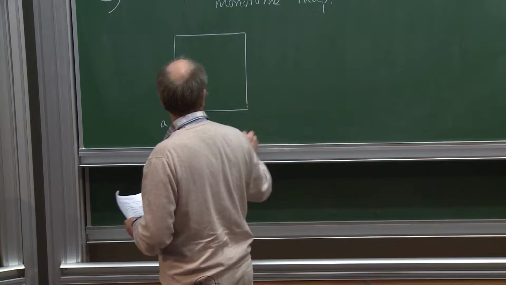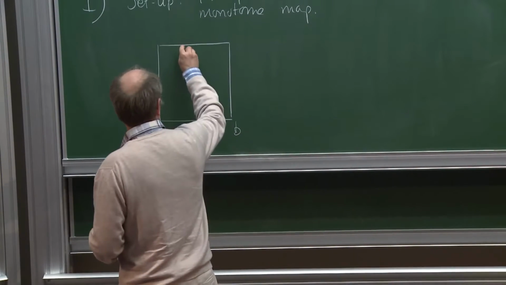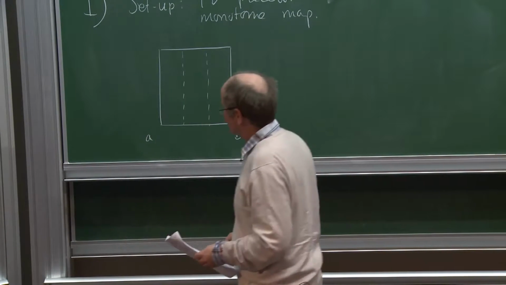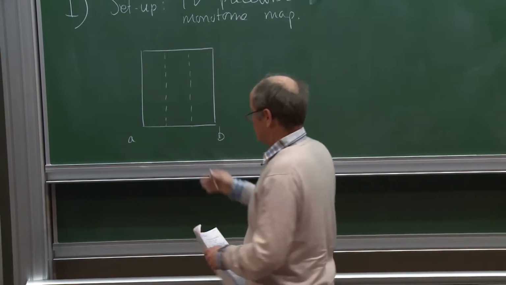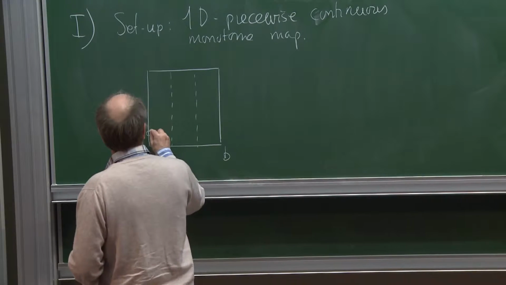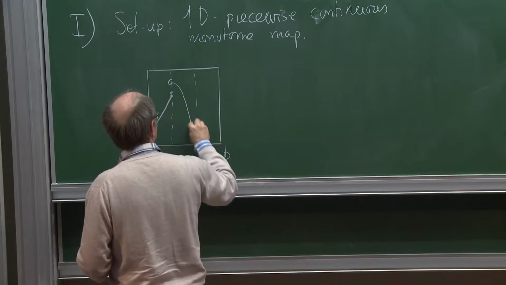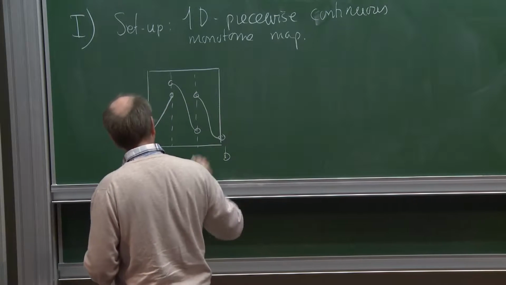So you have an interval AB, and then you have some cutting points or critical points. You have a dynamic, which is a map defined partially, because I will actually not define it at the endpoints, and in particular, the map might not be continuous, like for instance this.